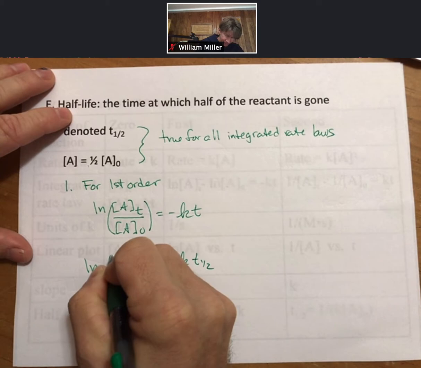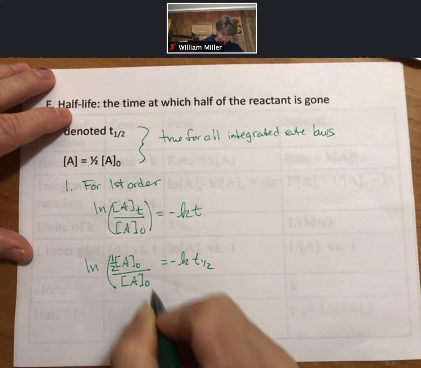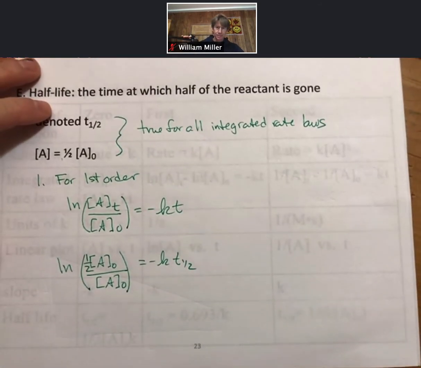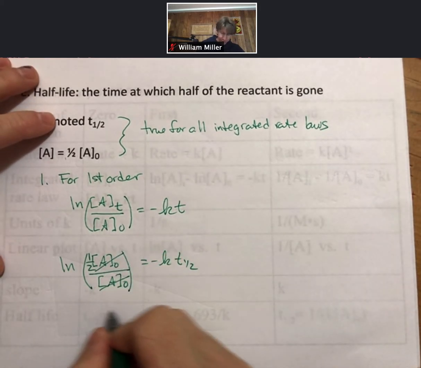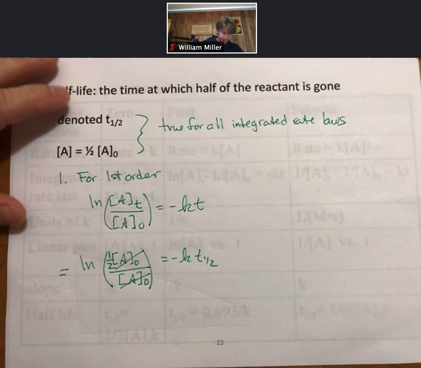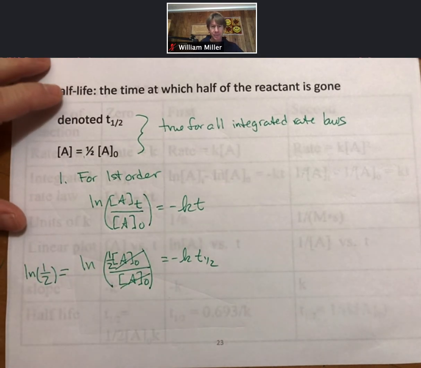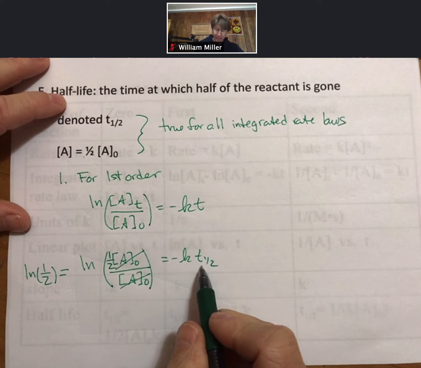And so these two parts cancel out, and we're left with the natural logarithm of 1/2 equals minus K times the half-life.